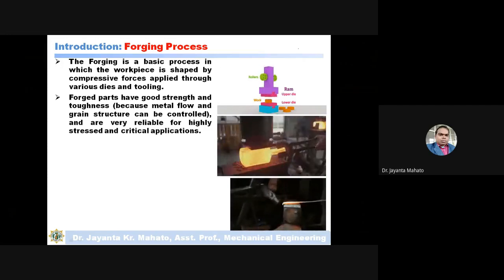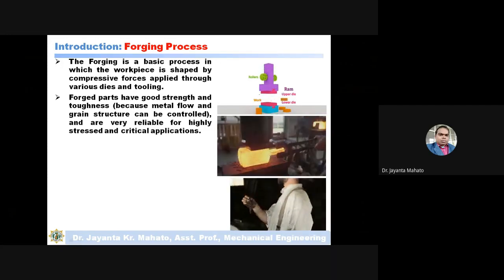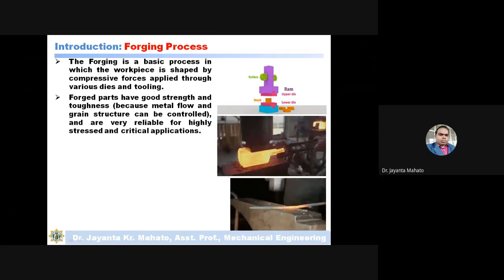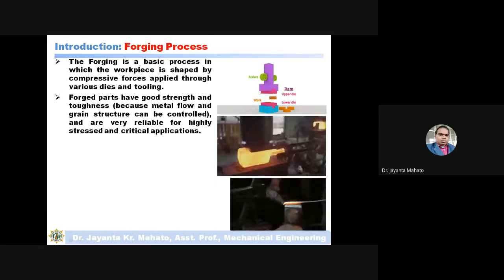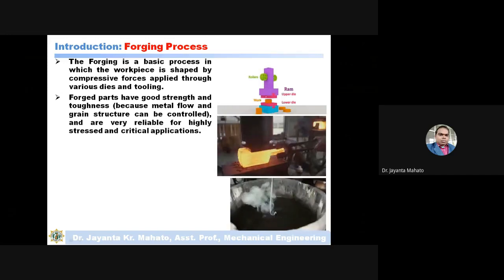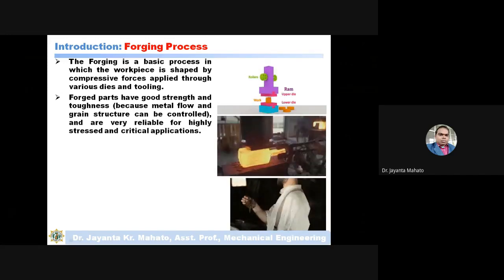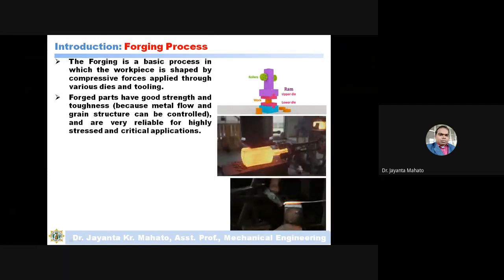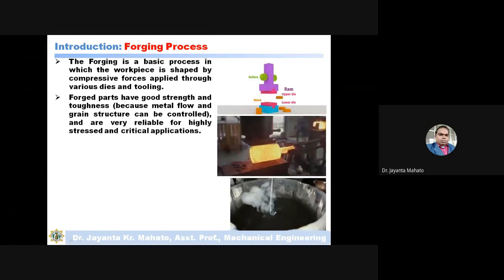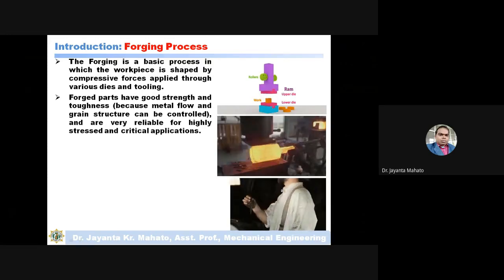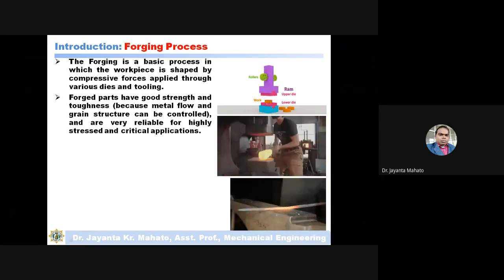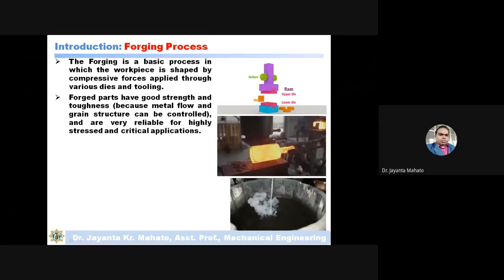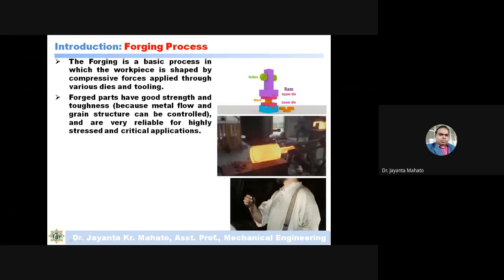There are two dies, one lower and another upper, and in between the two dies there is a workpiece. By applying this hammering type of force, which is nothing but a compressive force, the material gets deformed and we get the desired shape of the product.